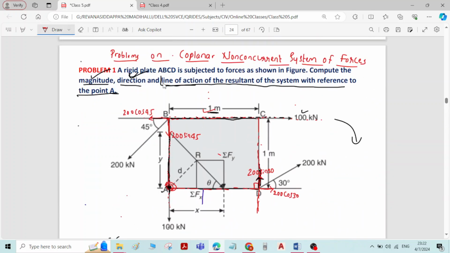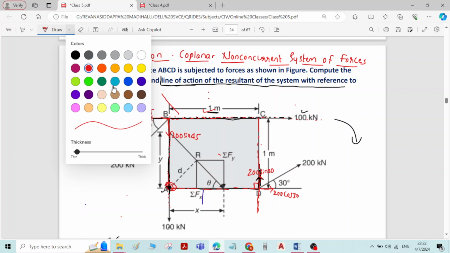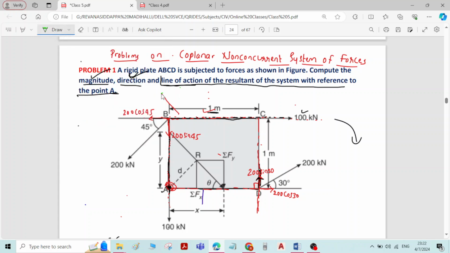It means the resultant force is moving like this. Let me change the color. It is moving like this. From point A, the x-intercept is equal to 1 meter.